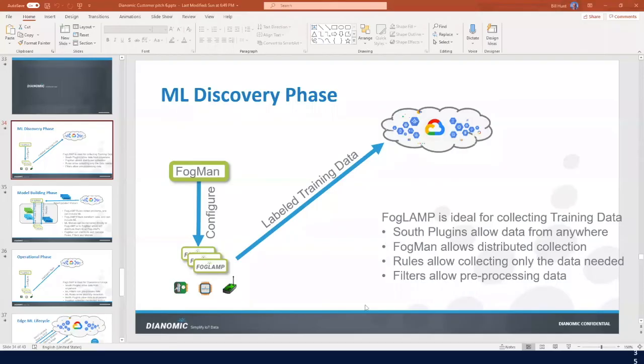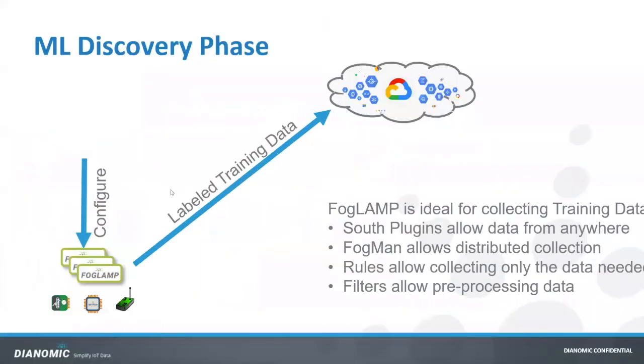So I'll first walk you through some other slides here. This shows FogLamp in this slide, which is our proprietary version, but the code is identical to Fledge. So everything that you see here is very relevant to Fledge. If you think about an industrial ML project, there's a few stages to it.